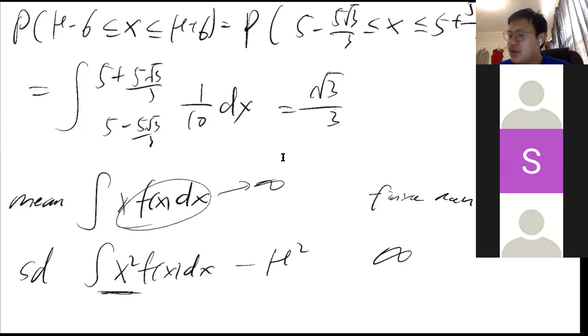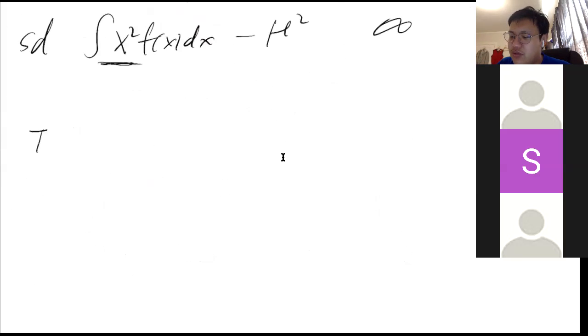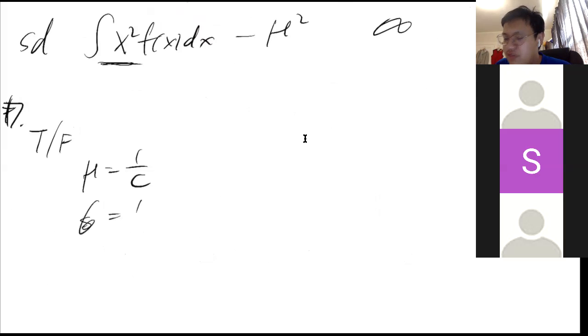And for problem 7, actually I'm not sure about the answer, whether it's true or false. For problem 7, you should double check later, and if you have the answer, please tell me. For exponential the answer is true, but I think it's false because for an exponential random variable, the mean is 1 over c, and the standard deviation is also 1 over c.